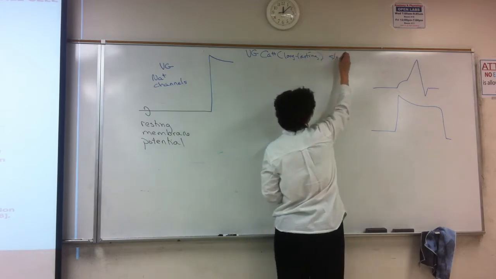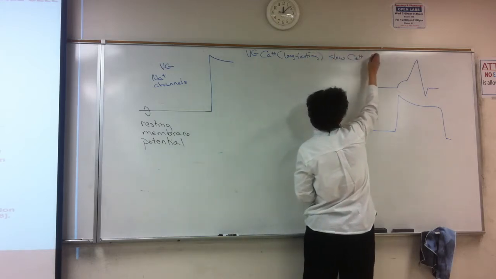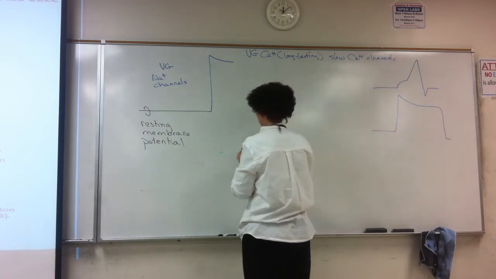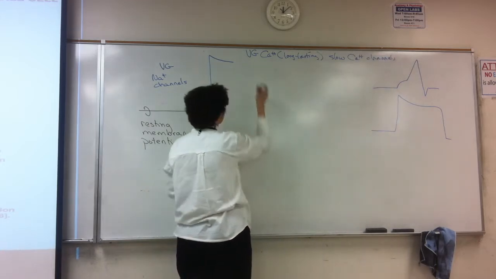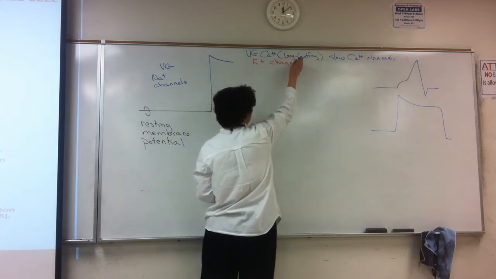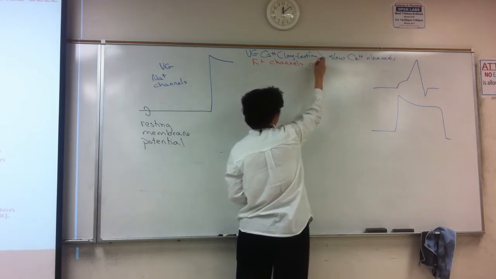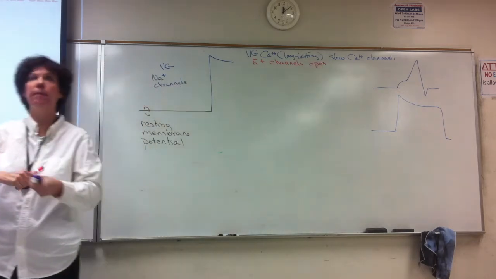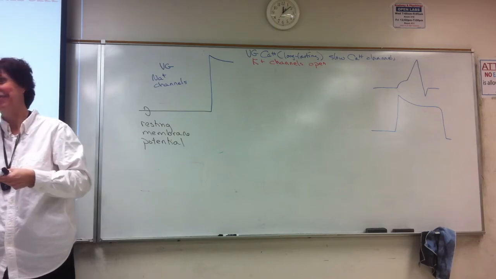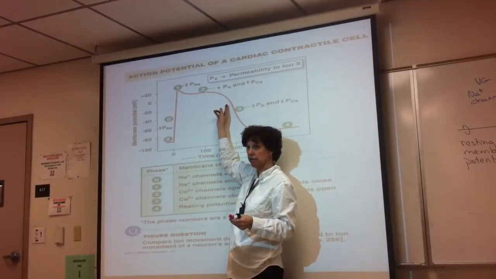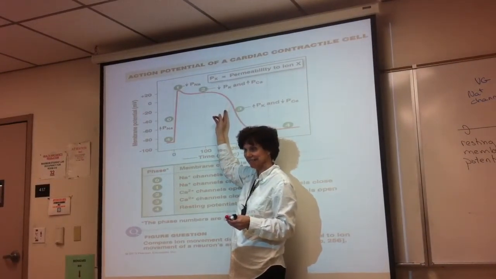These are identified as slow calcium channels in comparison to the autorhythmic cells. And potassium channels open. Now these two channels are at cross purposes. So calcium's coming in while potassium is leaving. And while that occurs, we see almost a flat line without much repolarization and certainly no depolarization.